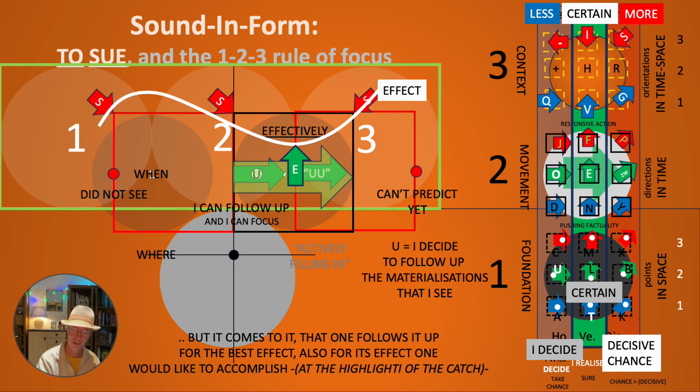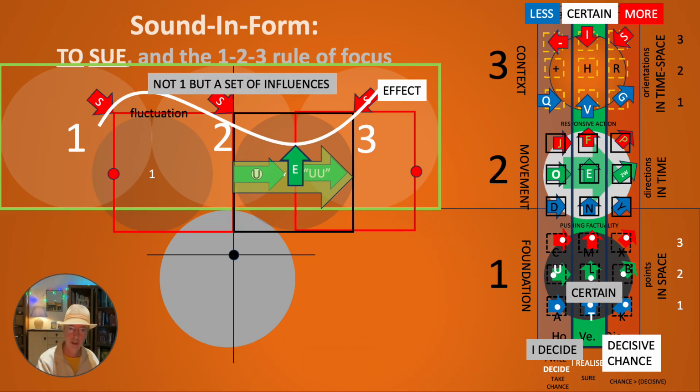S is about effect, but it's also about multiple directions. And the multiple directions is like a set of influences. We follow its effect because we follow its set of influences, and they all change at the same time. It's a fluctuation, that's what the S is.